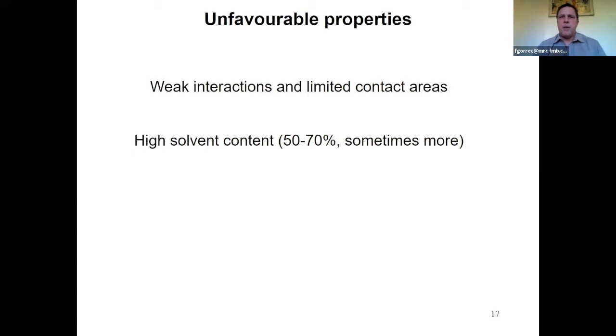It's not like a diamond. And because of the shape of the proteins, and also the type of intermolecular bonds, the solvent content is quite high, in the order of 50 to 70%, sometimes more. So that's why you may have some problems at the end with your diffraction experiments.